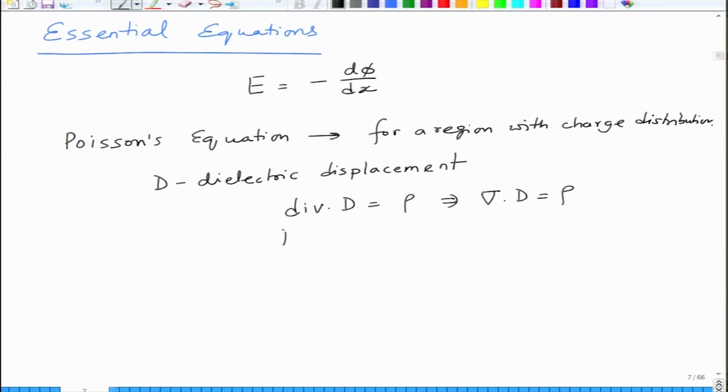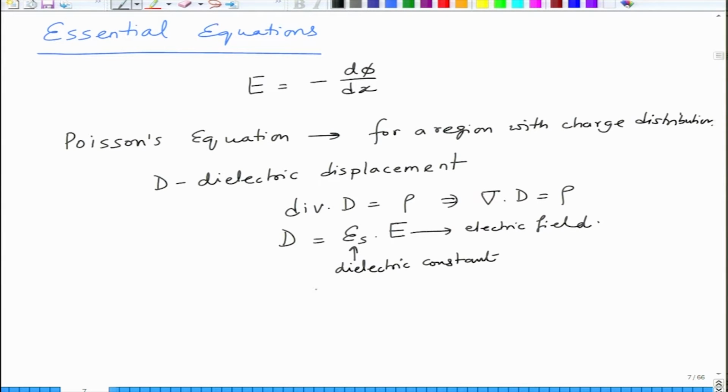From basic physics we know that D is equal to epsilon S times E, where epsilon S is the dielectric constant of the semiconductor and E is the electric field.